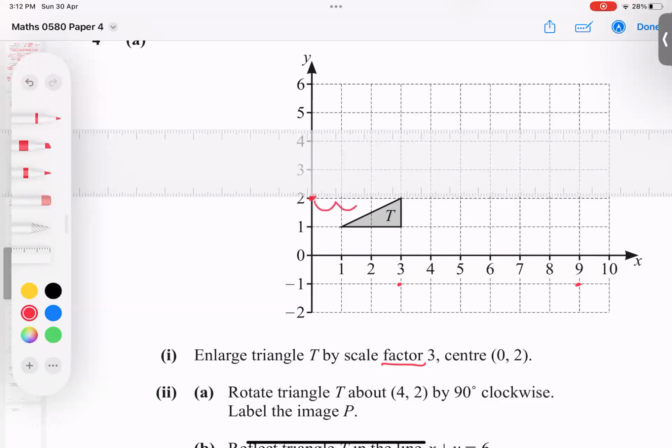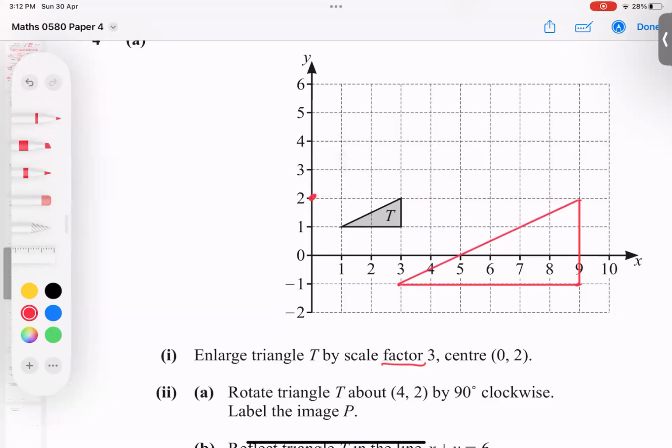How many? 1, 2, 3. 3 threes are 9. 9 boxes. So 1, 2, 3, 4, 5, 6, 7, 8, 9. Wait a minute. I hope the idea is clear.